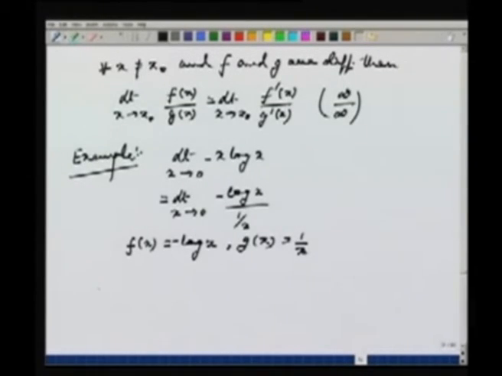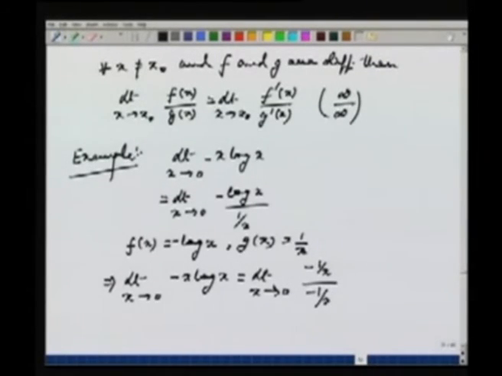By L'Hopital rule, this implies that limit x going to 0 minus x log x is equal to limit x going to 0, now the derivatives come, that is minus 1 by x divided by minus 1 by x square, that is limit x going to 0 of x, which is equal to 0. This implies limit x going to 0 of x log x is also equal to 0.